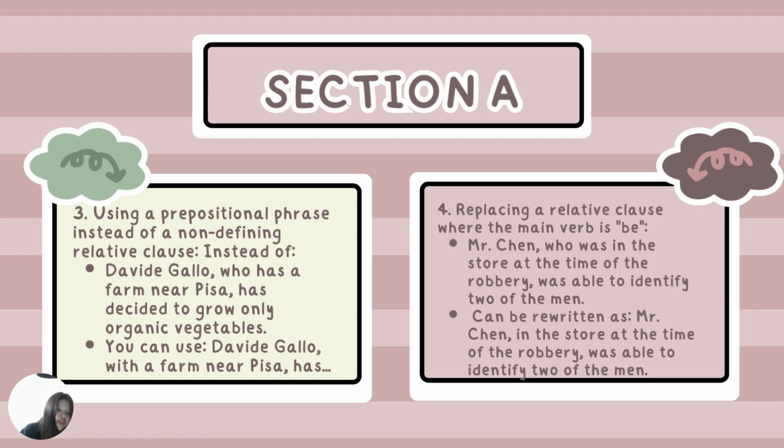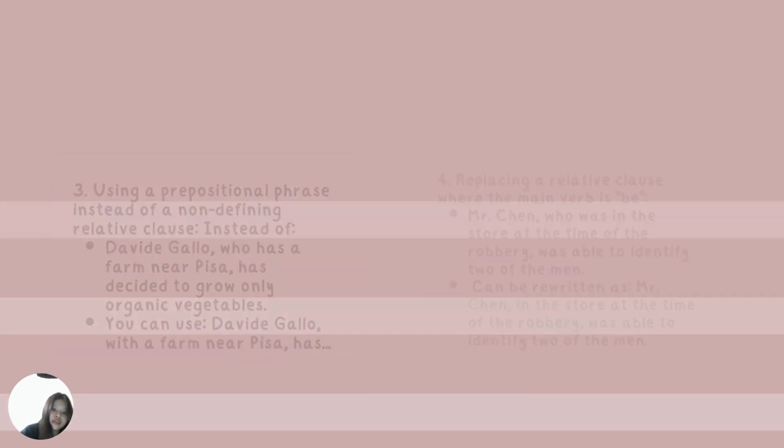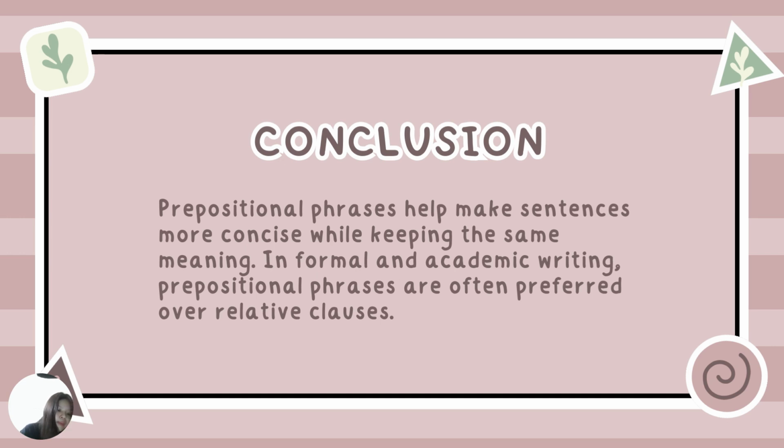Example 3: David Gallo, with a farm near Pisa, had decided to grow only organic vegetables, instead of David Gallo, who has a farm near Pisa, had decided to grow only organic vegetables. This structure makes the sentence shorter and more natural in English.